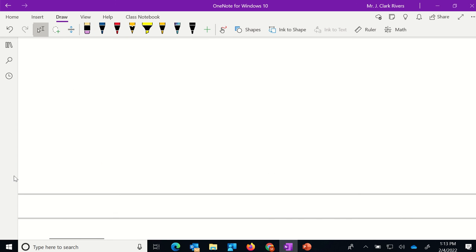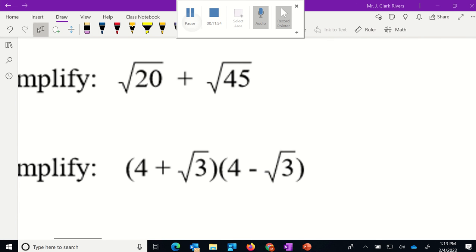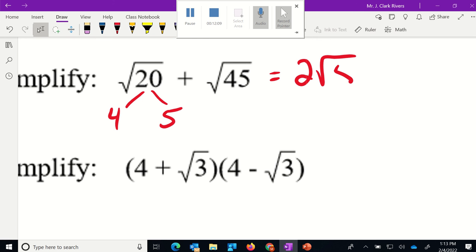But, ooh, hang on a second. It looks like they're not the same, but do we have any perfect square factors for 20? 4. So we get 4 times 5 is 20, right? So that's equal to 2 root 5. Good on that.